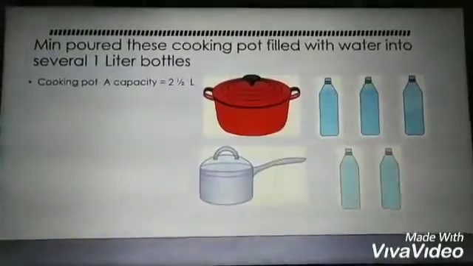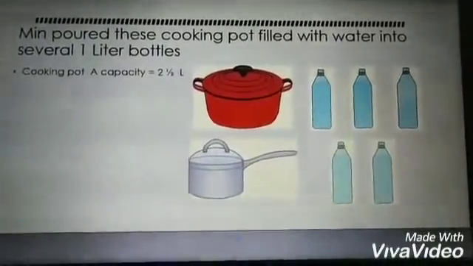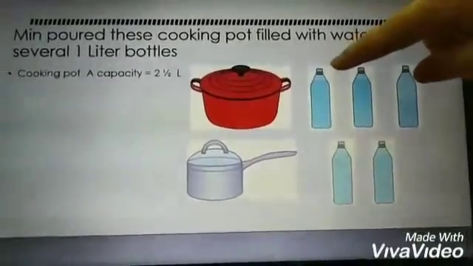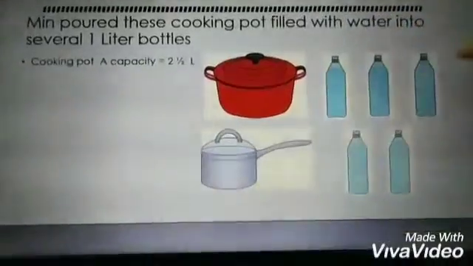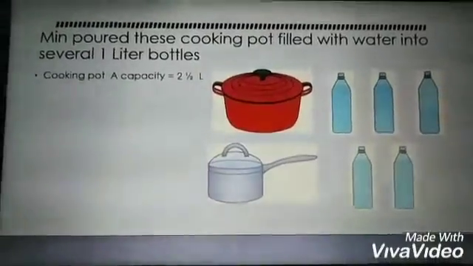She found that the capacity of cooking pot A equals 2.5 liters because we have 2 1-liter bottles filled with water and half of the third bottle filled with water.